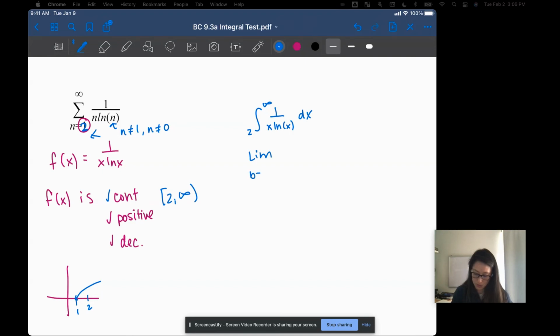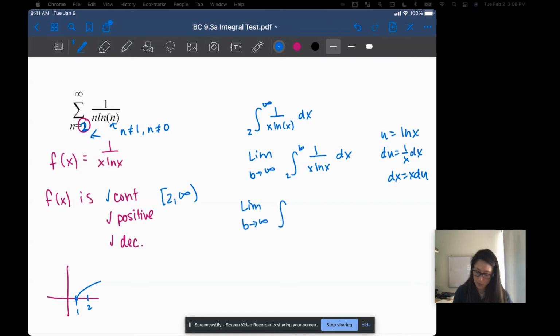So as b goes to infinity, the integral from 2 to b of 1 over x ln of x dx. I'm going to make my u equal to the ln of x because I know that the derivative of u is 1 over x dx. So when I divide by the derivative, I get x du. So I have the limit as b approaches infinity of the integral from 2 to b of 1 over x times u.